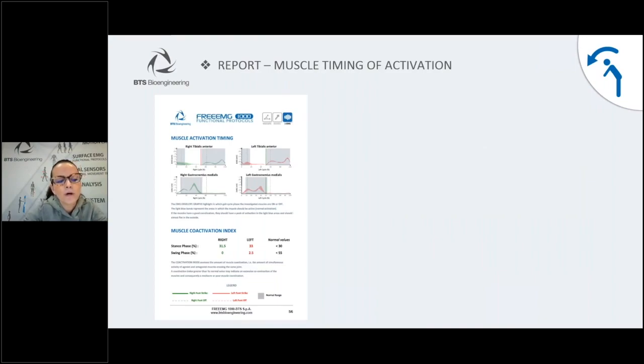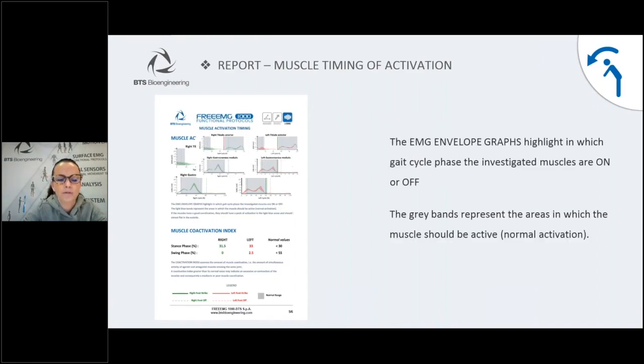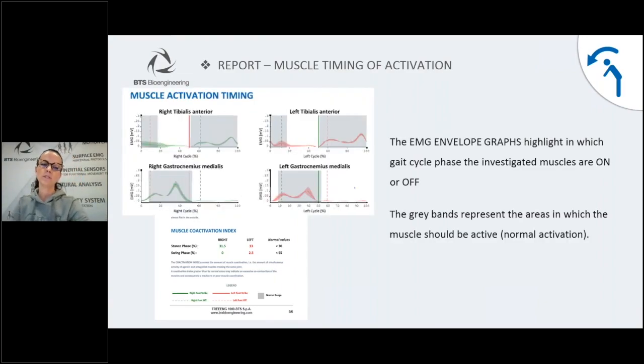Let's now move on to assessing muscle activity. On the horizontal axis, as always, we have the gait cycle with all the different temporal events of the two feet.